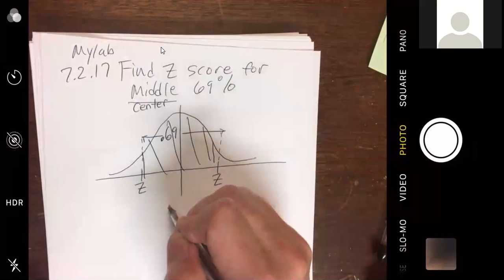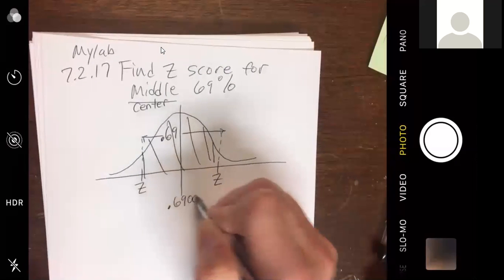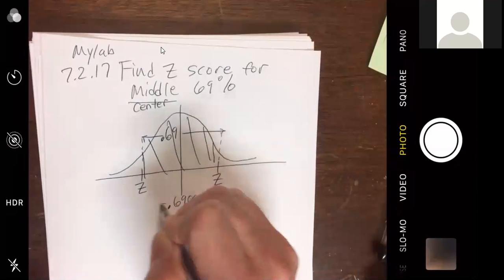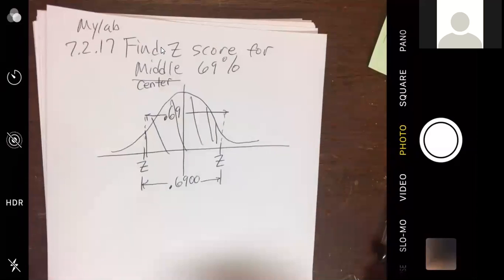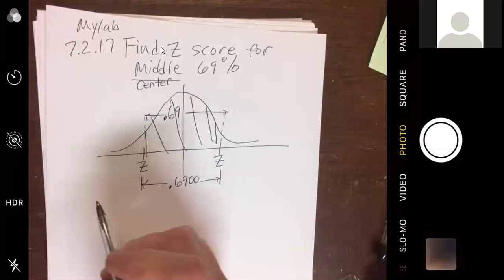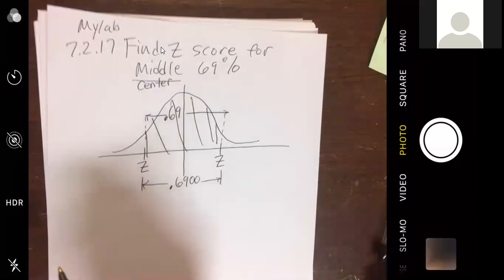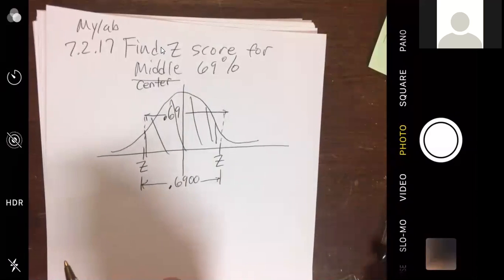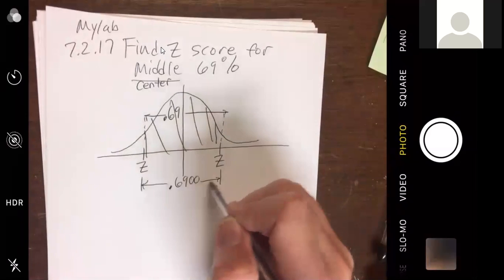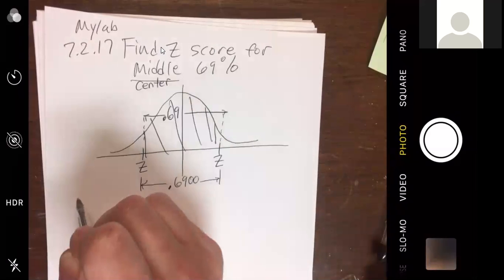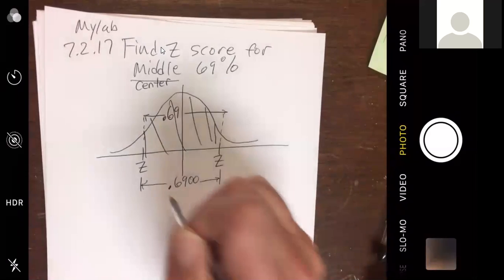If I run it all the way to the left, it's not in the middle, is it? So the middle is start and stop.